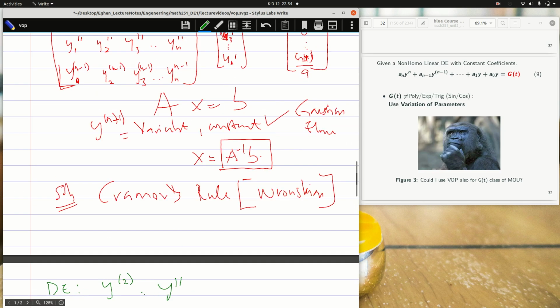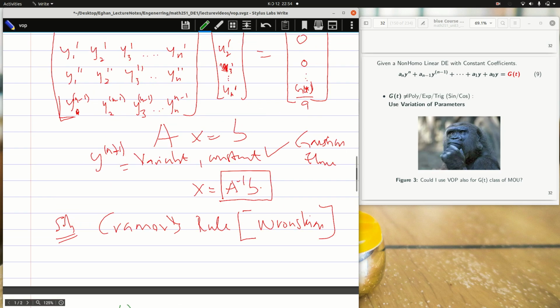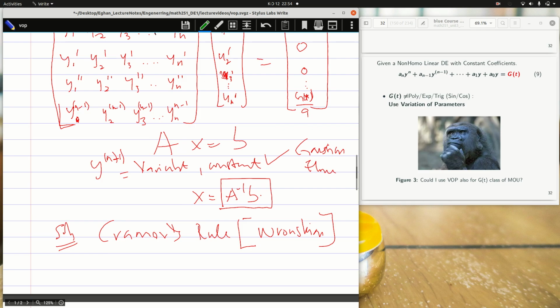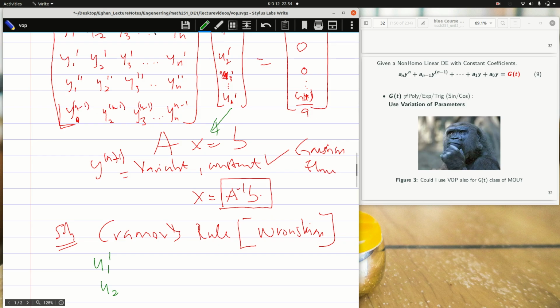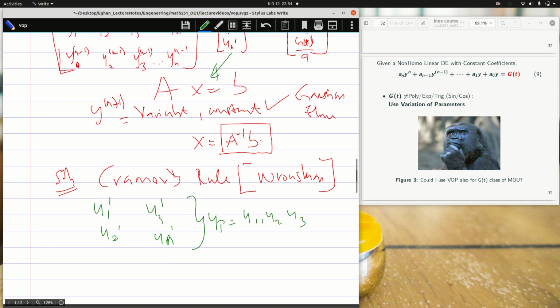Before I forget, let me make a comment here. You realize that if I should solve for the x, which is this guy, they are u1 prime, u2 prime, u3 prime, un prime. But my yp's are not primes. My yp's are u's, u1, u2, u3. And so what do I do to get u1, u2, u3? I'll have to integrate these ones to get the u1.